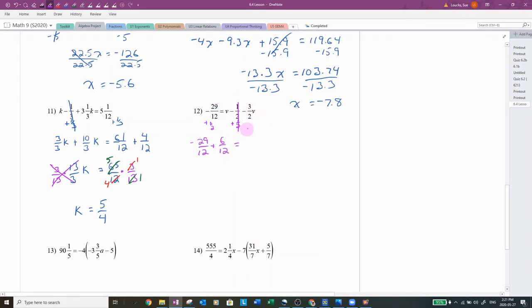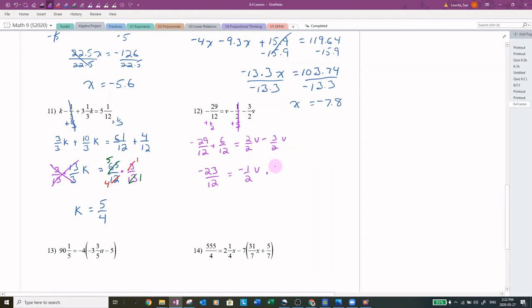And I'm going to write this v as 2 over 2v minus 3 over 2v. On the left side, negative 29 twelfths plus 6 twelfths is negative 23 twelfths. And if I have 2/2 of a v and I take away 3/2 of a v, I have negative 1/2 of a v.